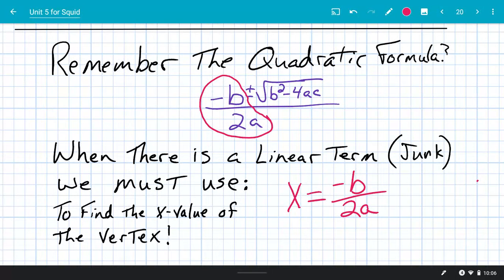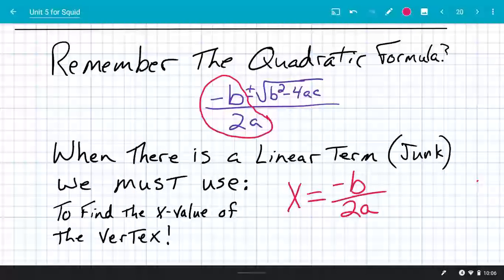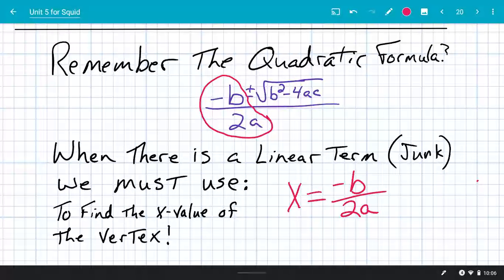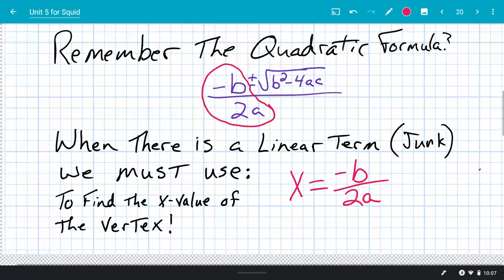I've also shown you a place where you could find that formula. It's kind of hidden right there in the quadratic formula for you. We use that formula, negative b over 2a, to find the x value of the vertex. And that's it. It only helps us find the x value of the vertex.